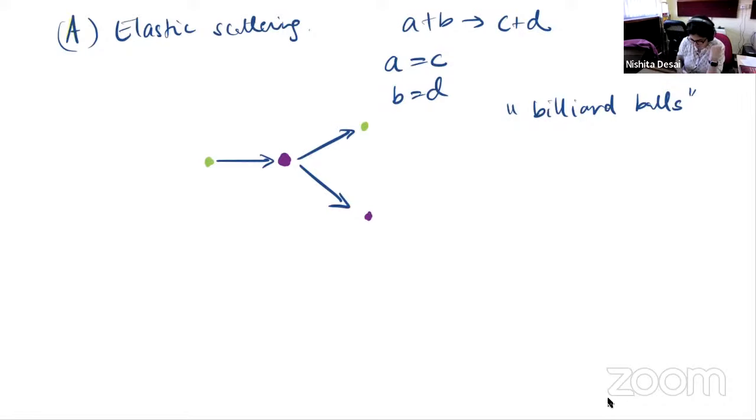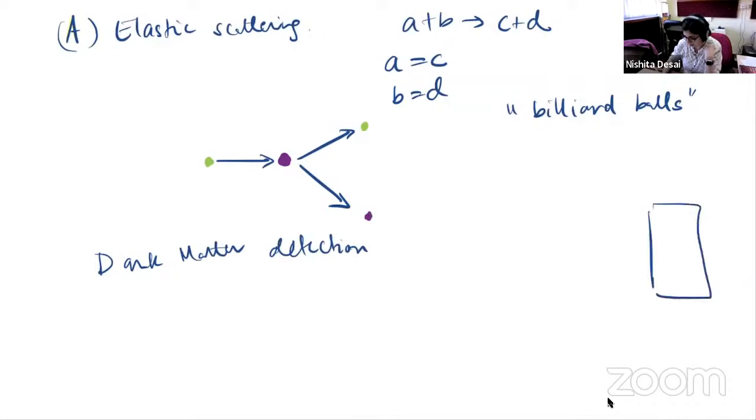Okay, so let me tell you. One of the places where this is used is for dark matter detection, where the idea is that you have some fixed target with some heavy nuclei N. And you would have some dark matter that would come from outer space, hit your detector and go away.